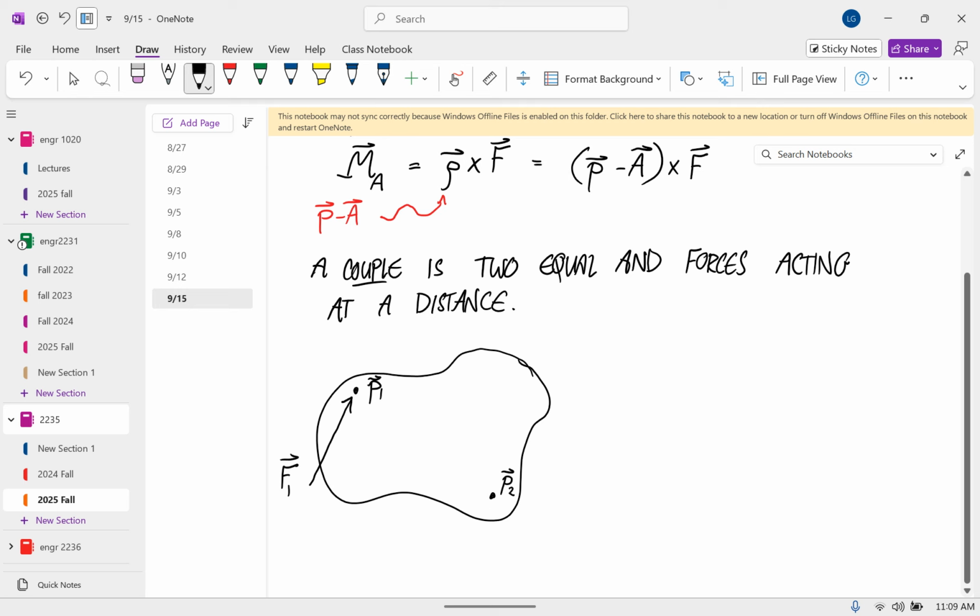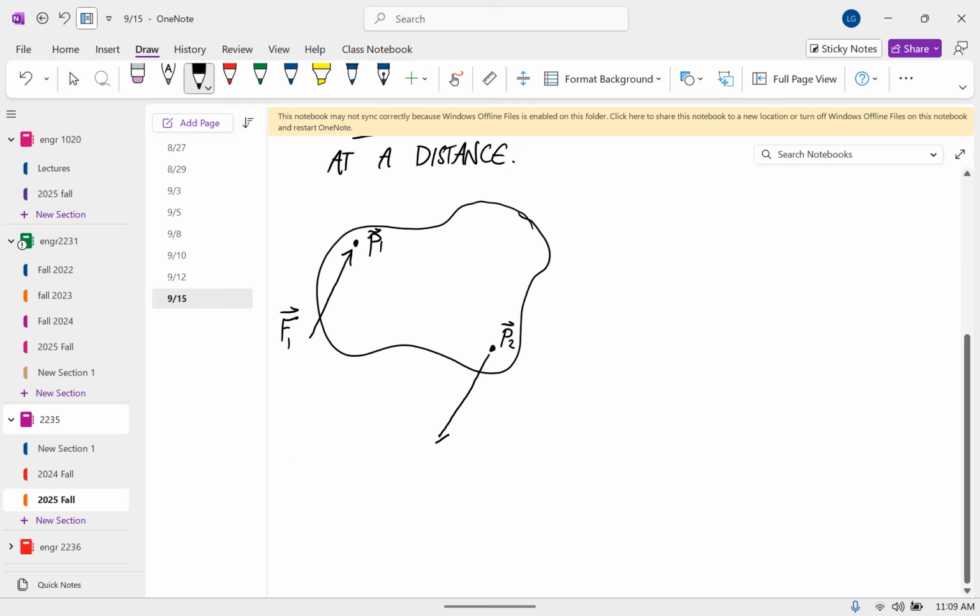I want to try to make it look more parallel. Same magnitude, opposite direction. This is F2. And the key thing here is that F1 is equal to negative F2, or vice versa. They're opposites of each other. You get one of those forces by multiplying the other one by -1.